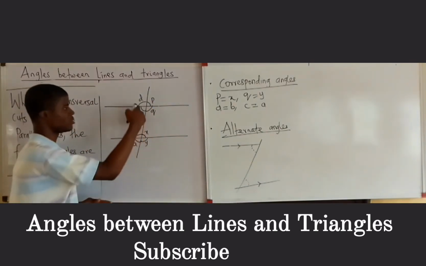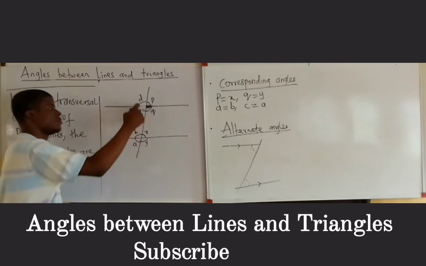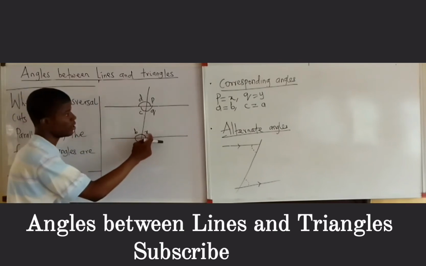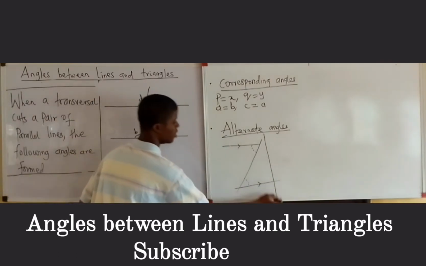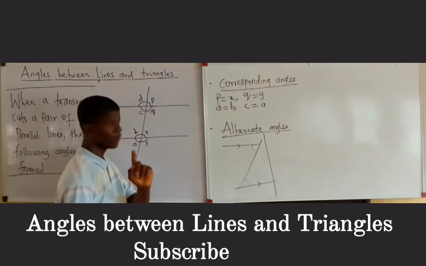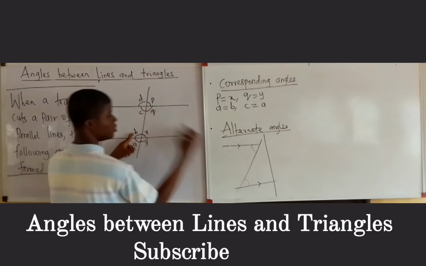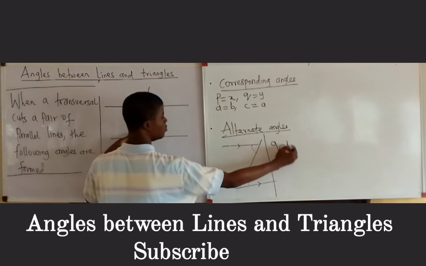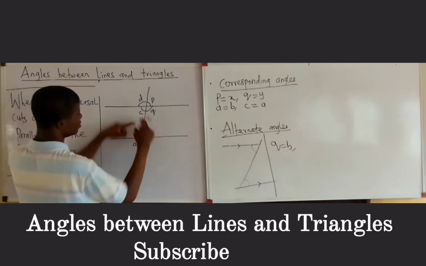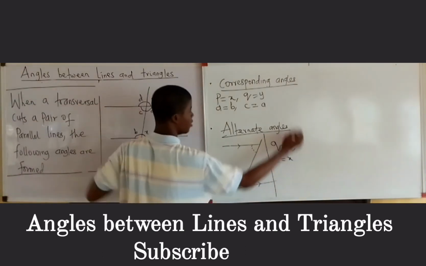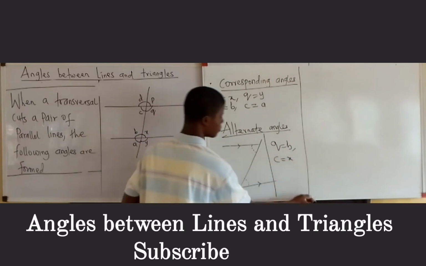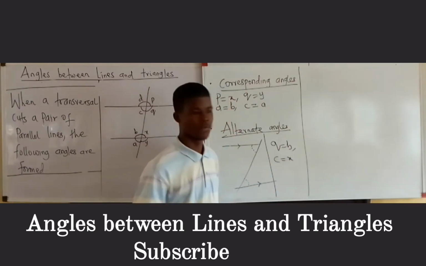Look at this diagram. I have C here, X here, Q here, and B here. So what we are saying is that alternate angles are equal. Therefore, Q is equal to B. In the same vein, C is equal to what? X.